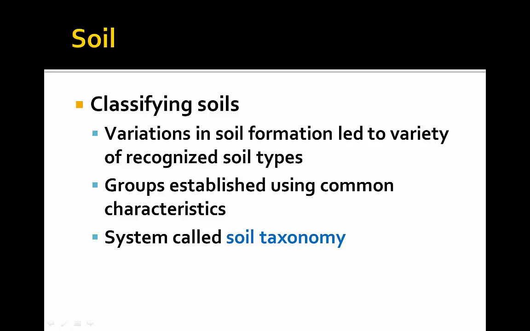Taxonomy is a term that just means putting names on something. And so the soil taxonomy system puts names on soils. The soils are given their name based on their characteristics. How thick are these different horizons within the soil profile? What is the composition of the materials within that soil profile? How much time has a soil profile been able to develop over?